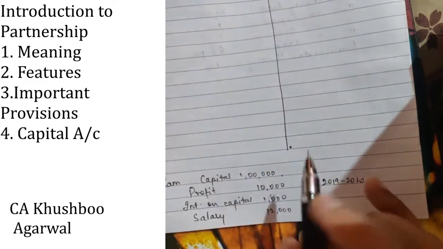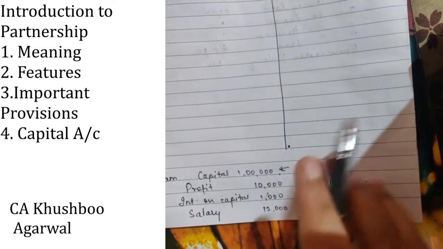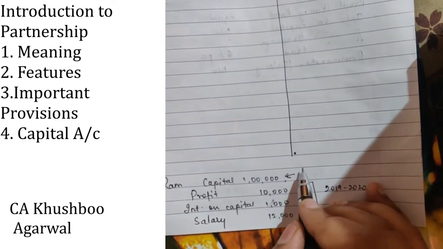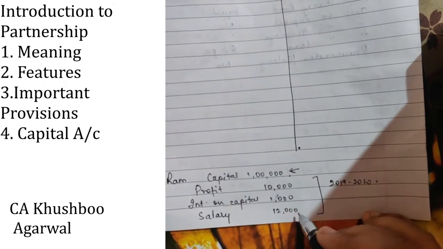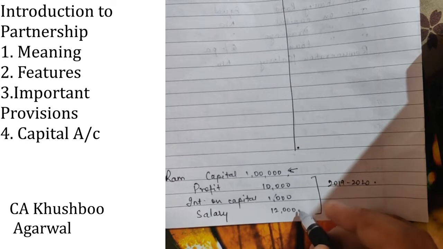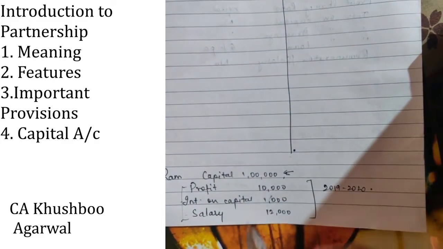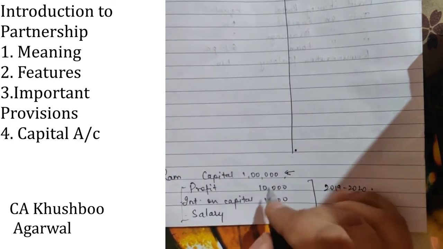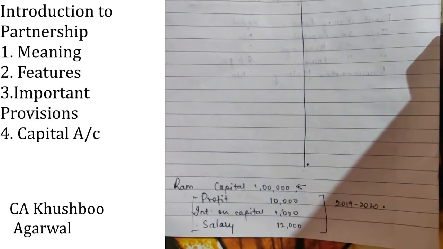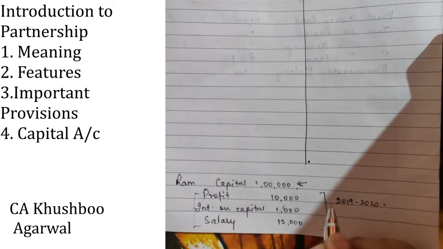Now the fixed capital account method says that the capital contribution of Ram is fixed, that is 1 lakh rupees.